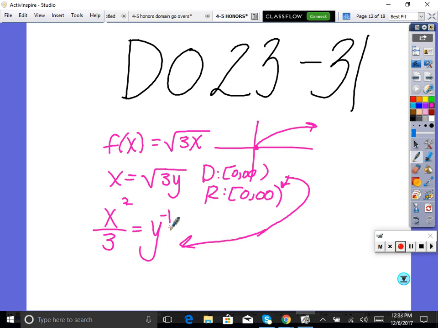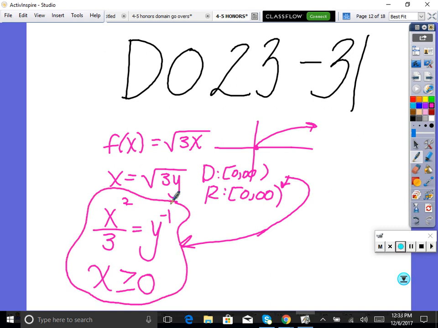So that's our inverse for x values greater than or equal to 0. If you don't put that in, you have the wrong inverse, because you would have both. We only want this part of the parabola to make it the true inverse. Okay.